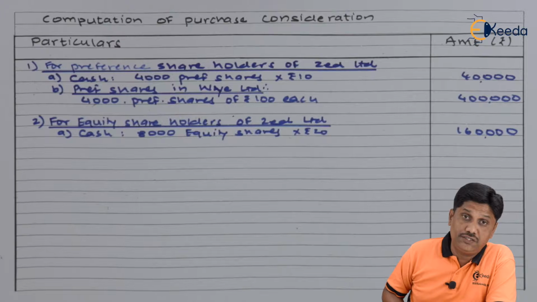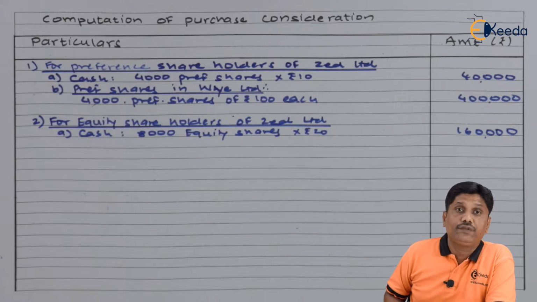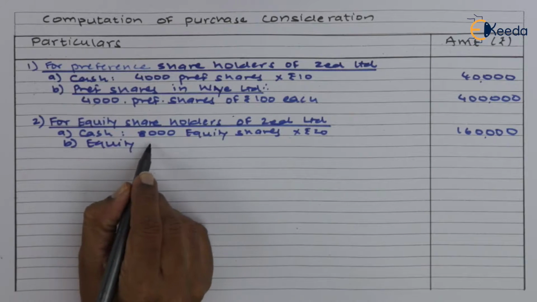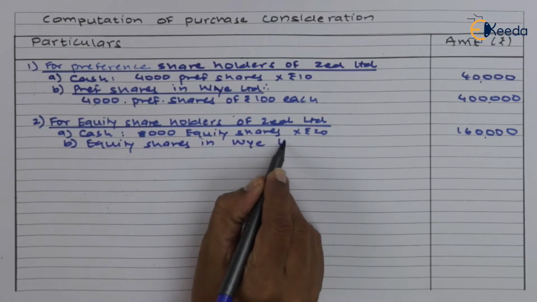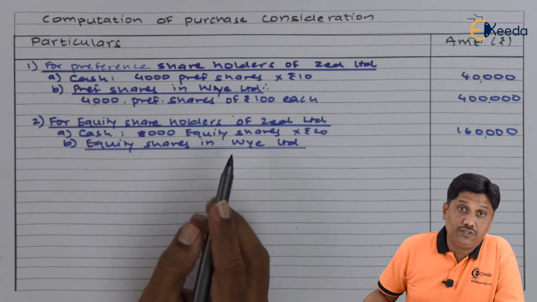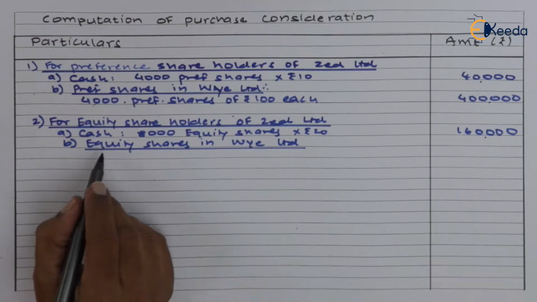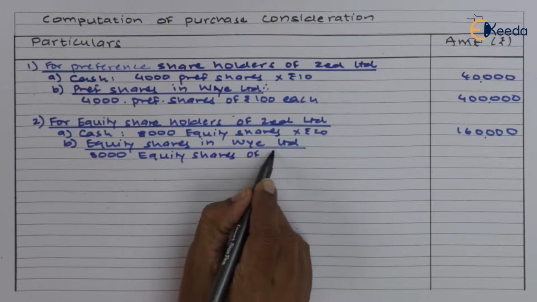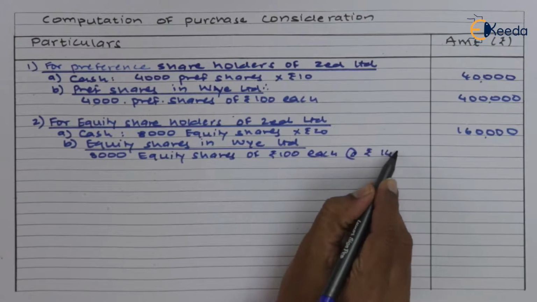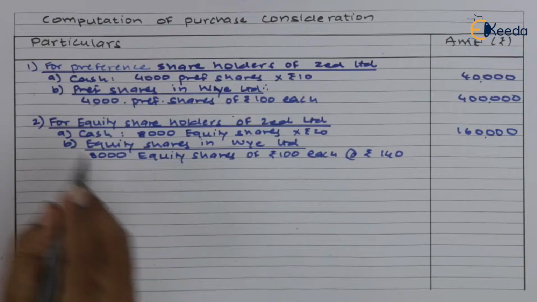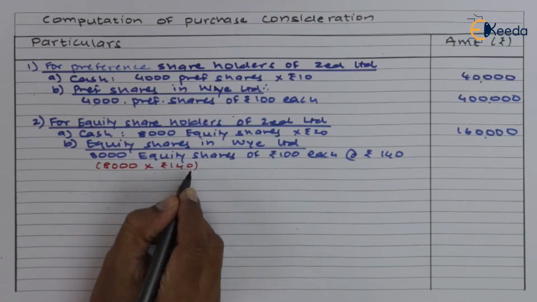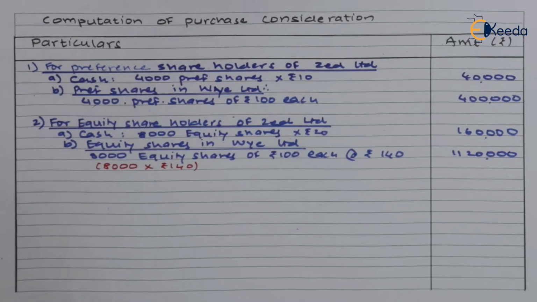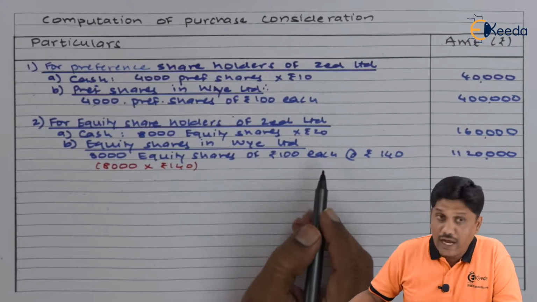Next, what will they get? They will get equity shares in the purchasing company, which is Y Limited. They will get 8,000 equity shares of 100 each at rupees 140. Friends, they are giving their shares at rupees 140.